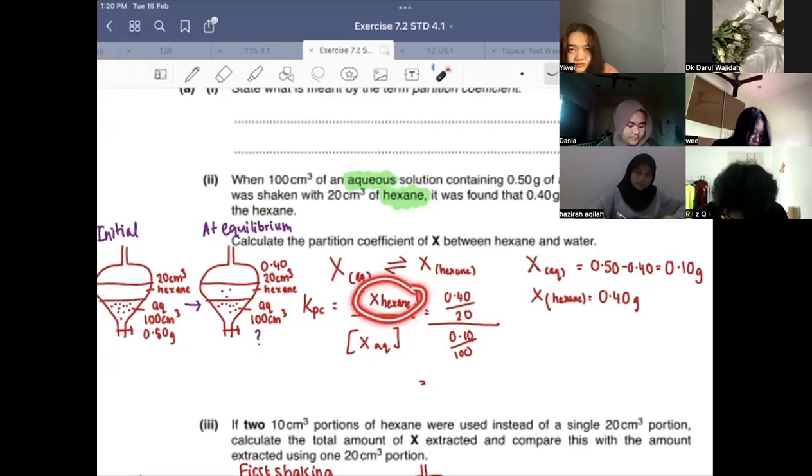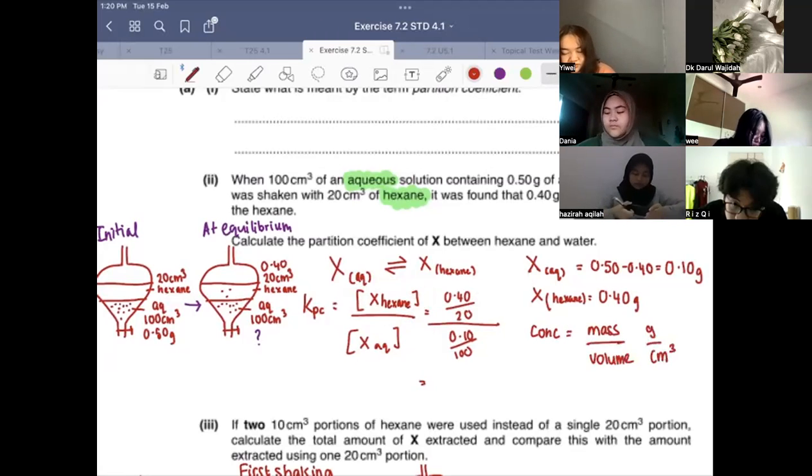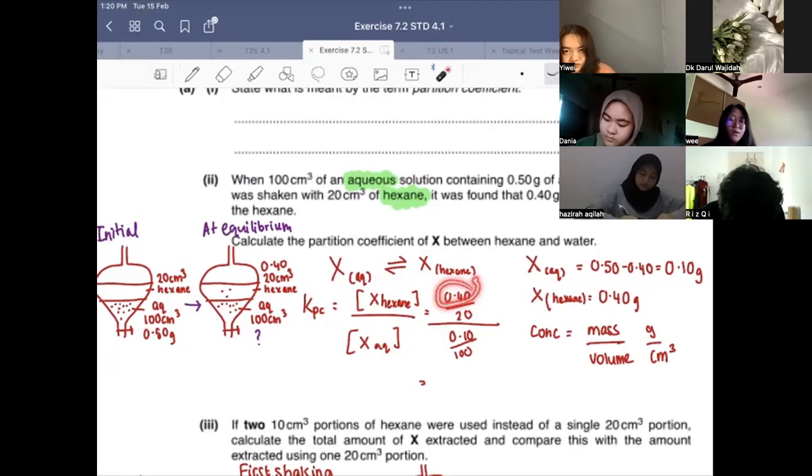If it's hexane on top, that means I need to take the concentration of hexane. In this case, my concentration is in terms of mass over volume, which is gram per cm cube. So just make sure that it's the correct mass of hexane and the correct volume of hexane.